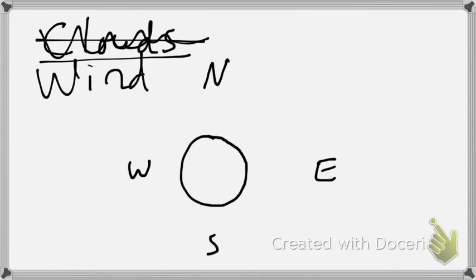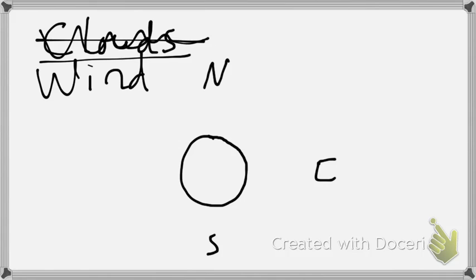If the wind direction is out of the northeast, the line is pointed in that direction. If it's out of the north, it points that direction. Northwest, west, southwest, south, southeast, and east. Those directions you need to know.